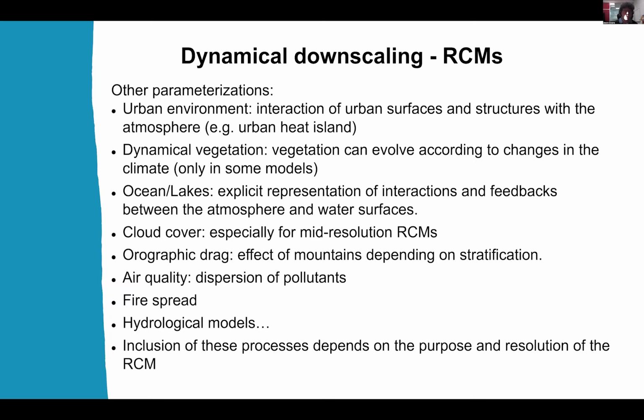It might include explicit fire spread in the model, or explicit hydrology and river flow and reservoirs. They don't have to. Lots of the regional models have many of these parameterizations as options rather than standard things you include in a run. So you might have extra steps in the setup of your model if you want to include any of these things. Just be aware that there are lots of other processes that sometimes are included.